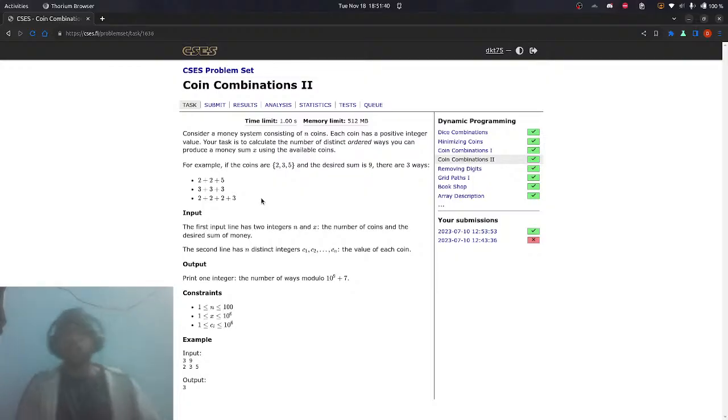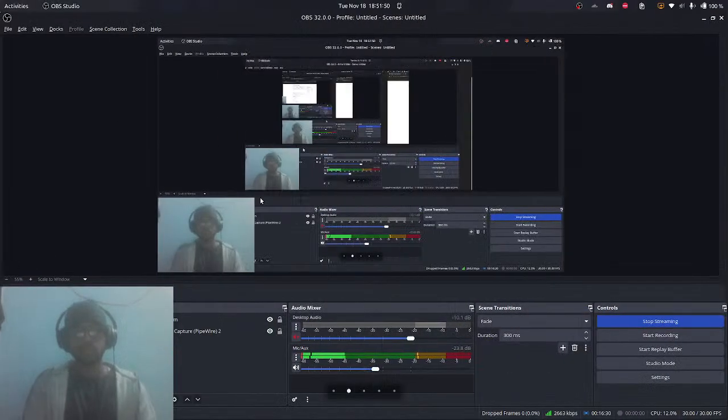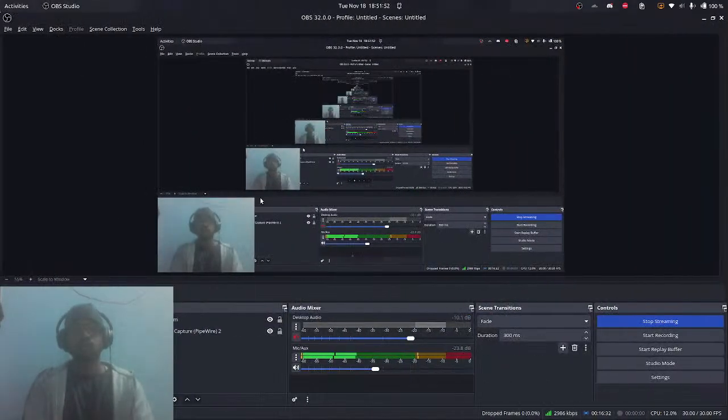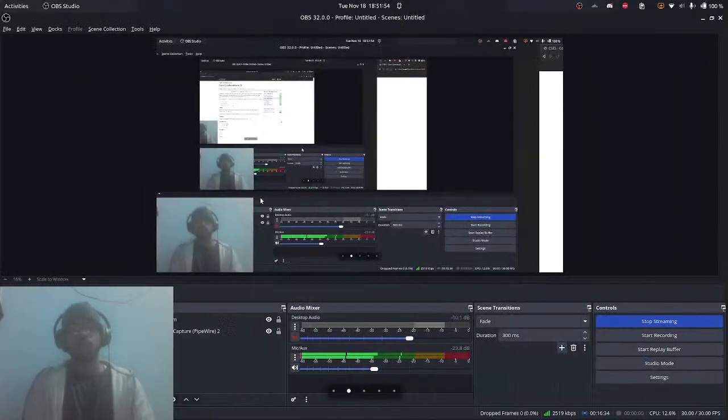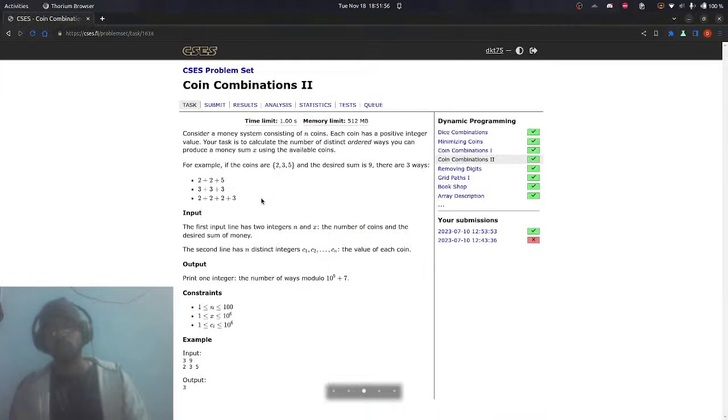This time we don't have the order here. I mean, basically we are not looking for the same coins in different orders in the answer. We only want the value of the coins, I think.